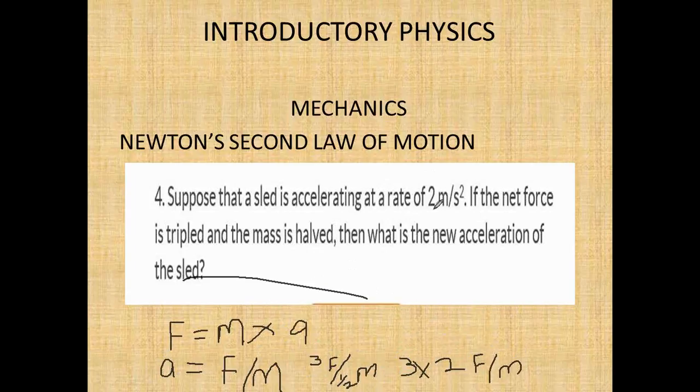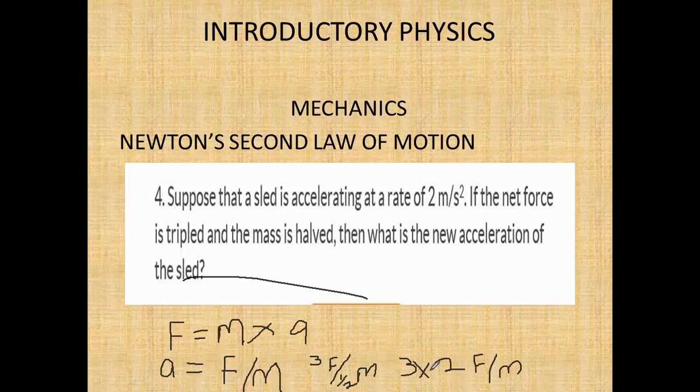Okay, because your initial acceleration was 2, which is force divided by the mass, whatever it is, but you increase the force by 3 and you halve the mass. So what you're actually doing is changing everything by 6 times. So what is the new acceleration of the sled?